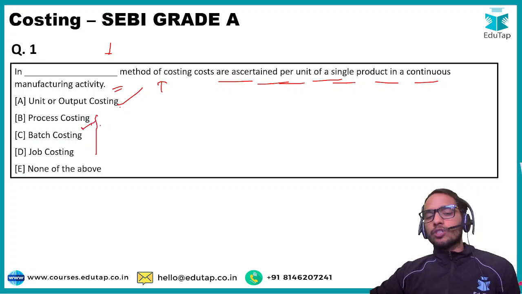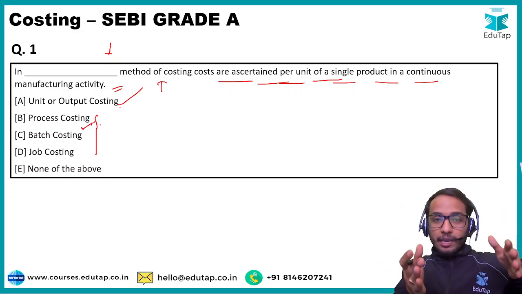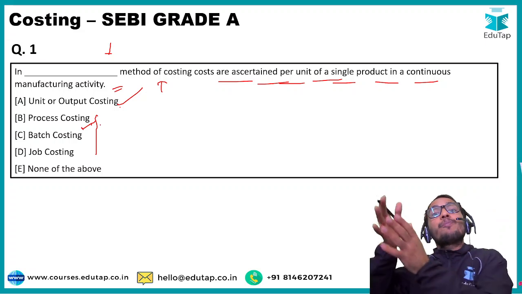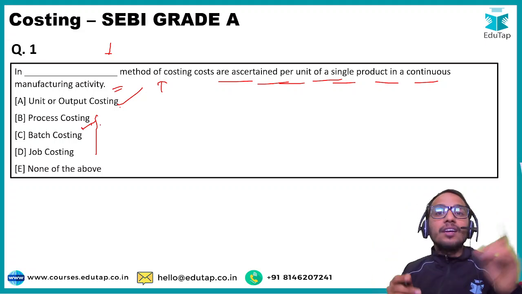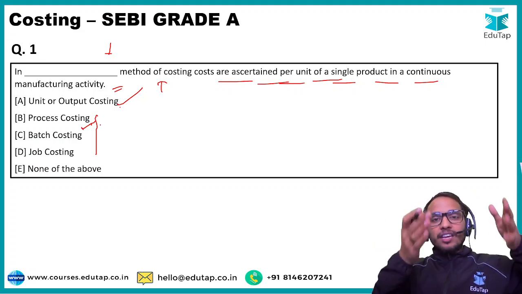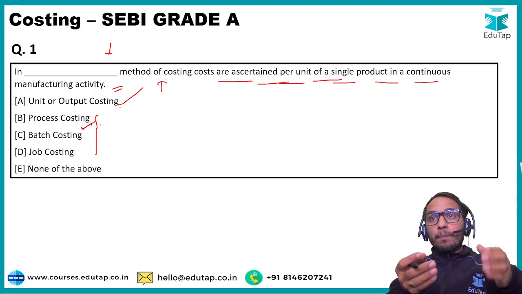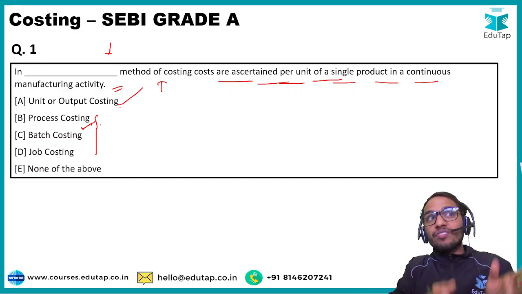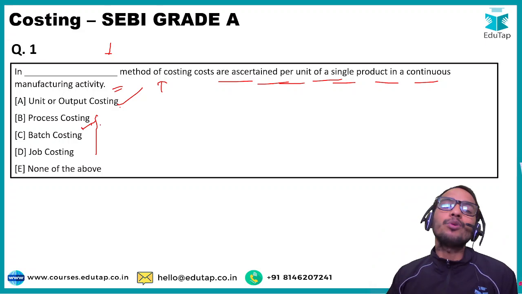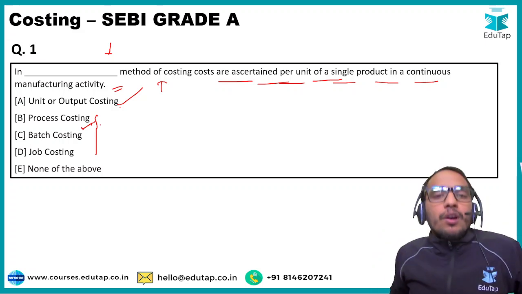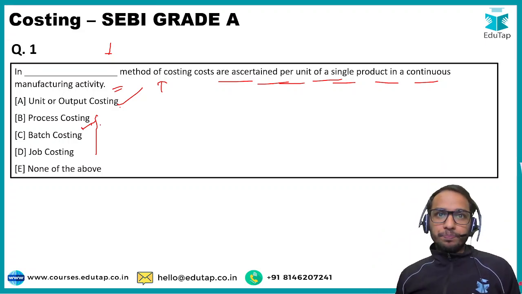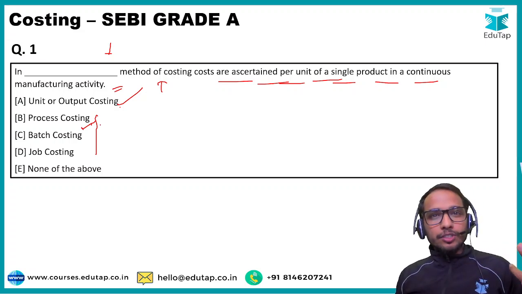So we use process costing when the manufacturing is passing through different processes, when the manufacturing is being done by passing the good into different processes. For example, you have the chemical industry, the paint industry, the hair dye industry.